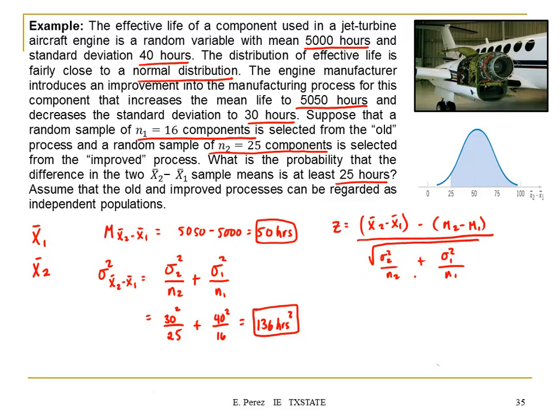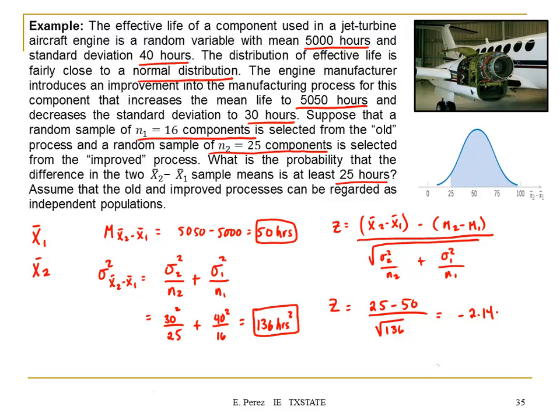So we know the denominator. We just have to find the square root of this expression. We have most of the parameters that we need. So z equals 25 minus 50 divided by the square root of 136, which is equal to minus 2.14.